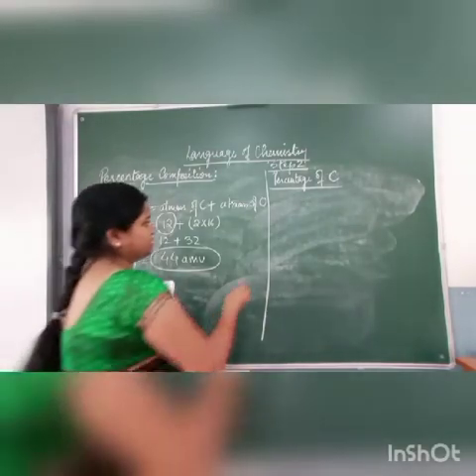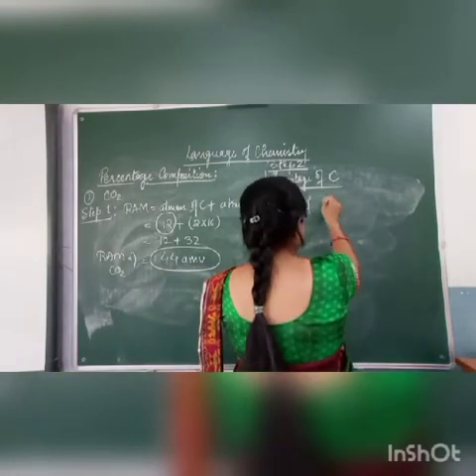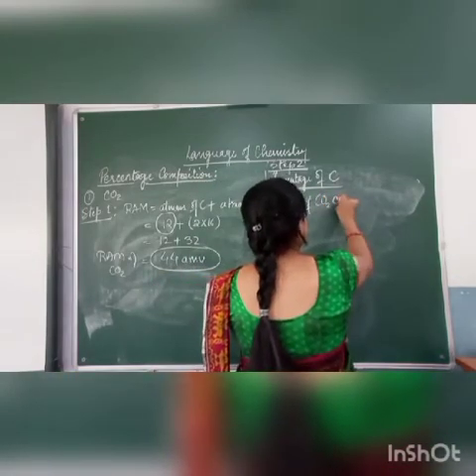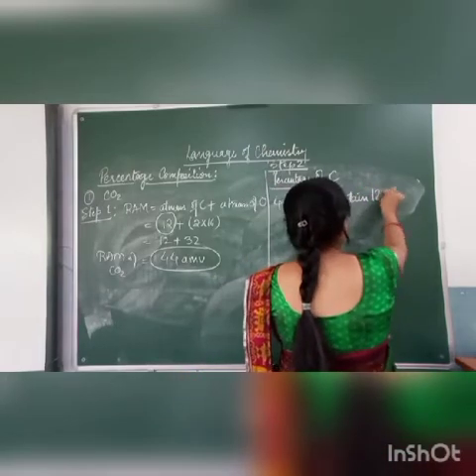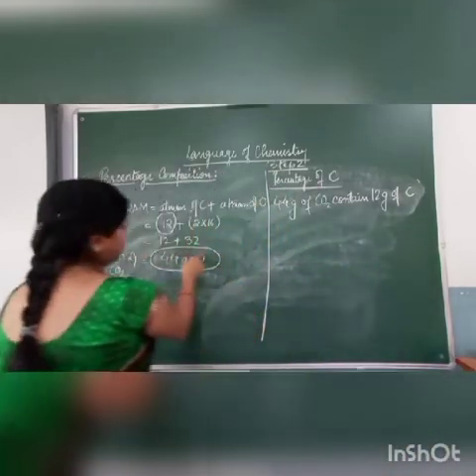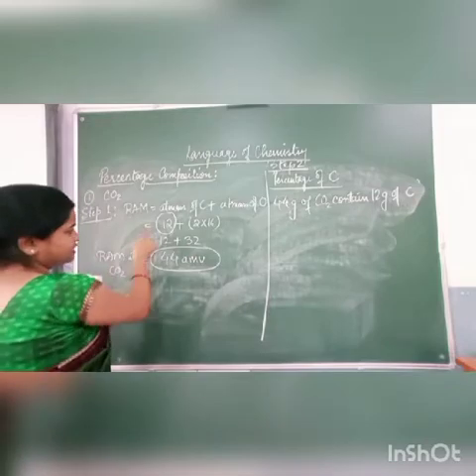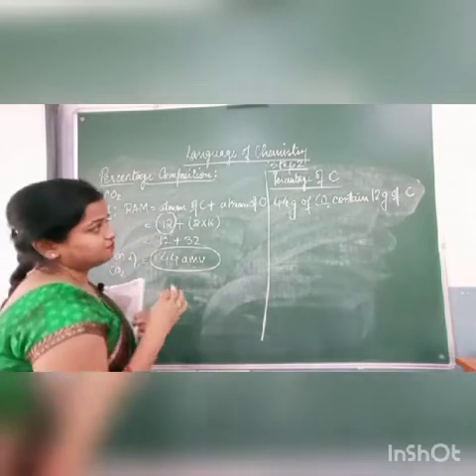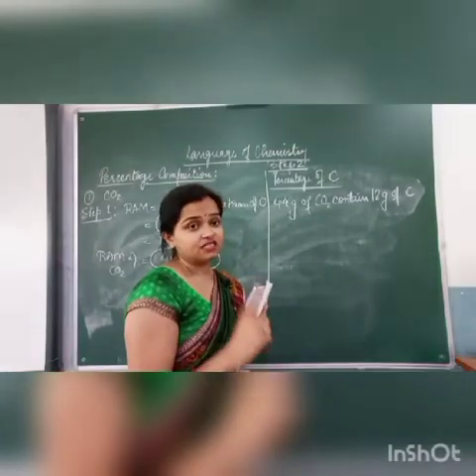So we will write that 44 gram of carbon dioxide contains 12 gram of carbon. Clear? 44 is the total. If 44 gram of carbon dioxide contains 12 gram, then we will calculate the percentage taking 100 as a standard unit.